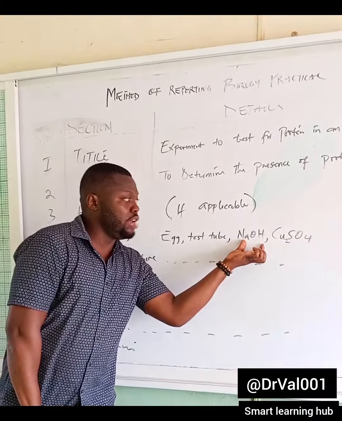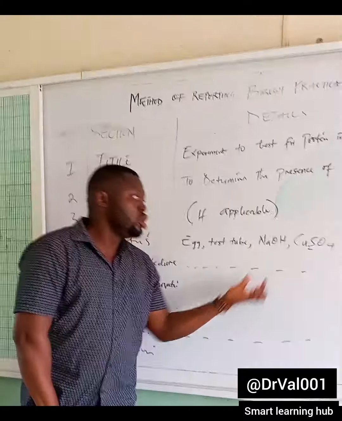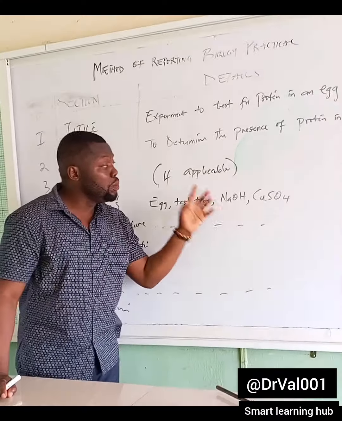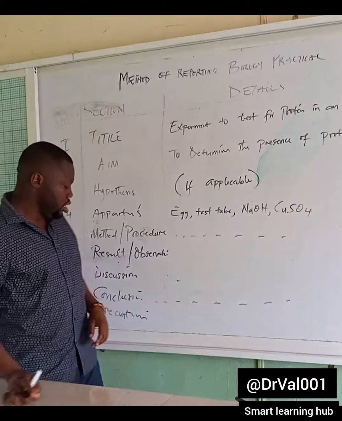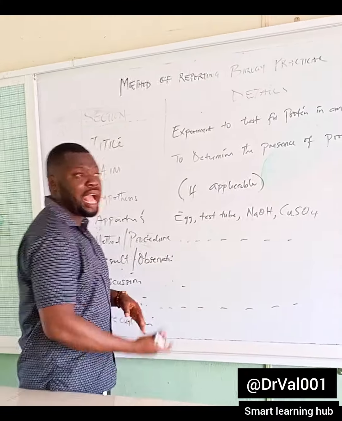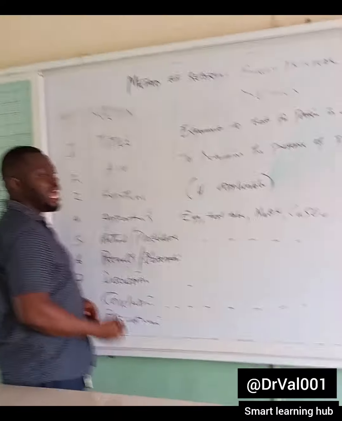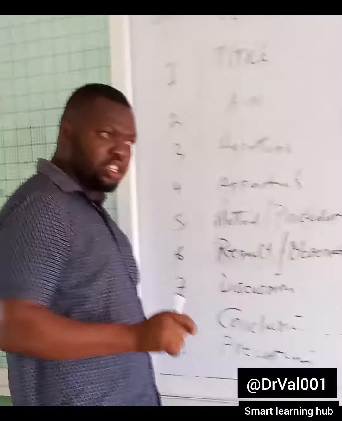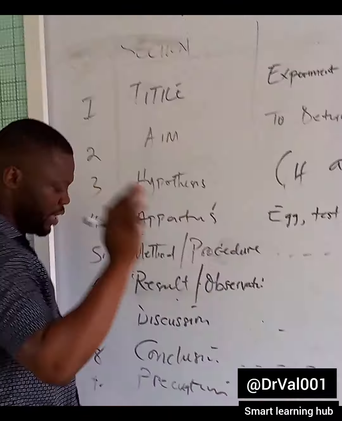Maybe you are asked to add 2 ml of sodium hydroxide, so make sure you did not add 2.1 ml of sodium hydroxide. All these things are the precautions you are taking. Are you getting it? I make sure that after adding sodium hydroxide, I stirred or shook the test tube before adding copper II sulfate.